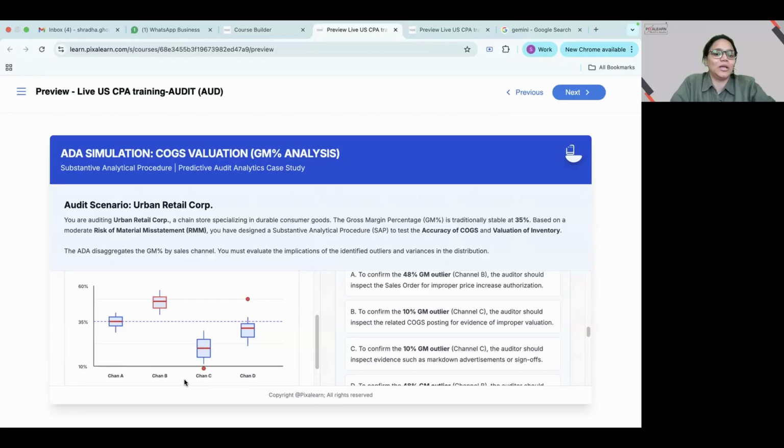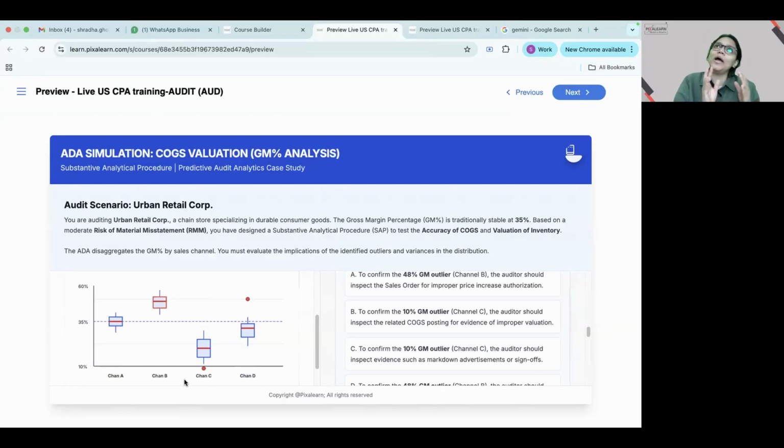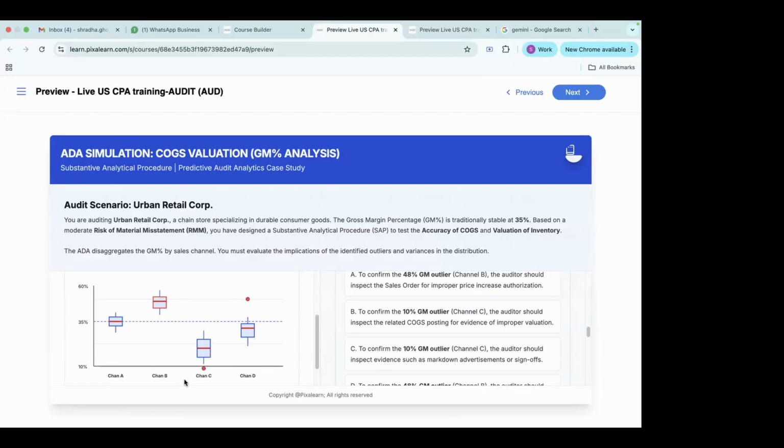Yes or no? This is what you're doing, isn't it? I'm looking at sales and COGS. So you have predicted the COGS by looking at the sales, right? No, that is why in real time we don't do that, because COGS is posted at the time of sale.